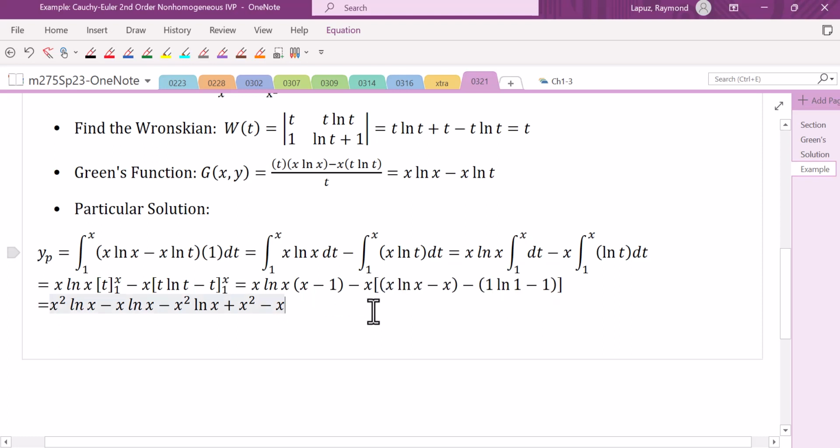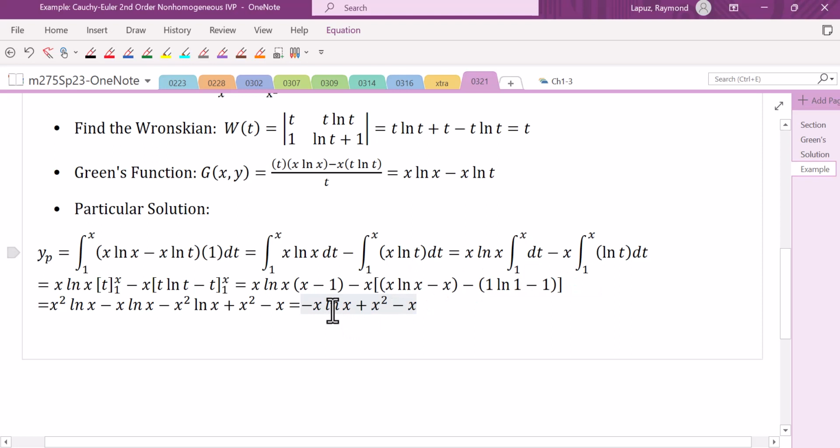All right, so I hope that simplification worked out. One more thing to simplify here is that this x squared ln x and this x squared ln x are both the same. One's a plus and one's a minus, so I can just get rid of one of them. Actually, I get rid of both of them. So this is gone, and this is gone.